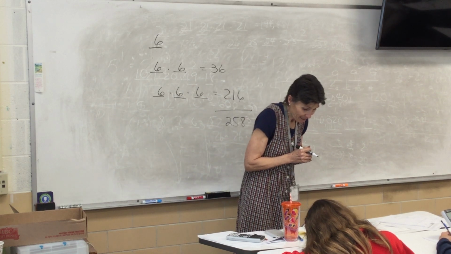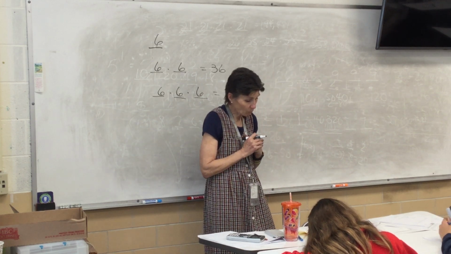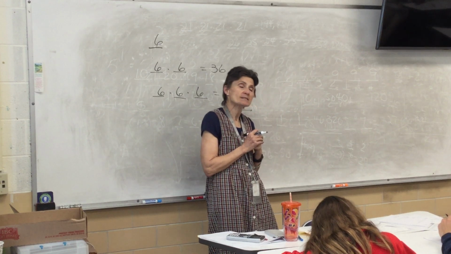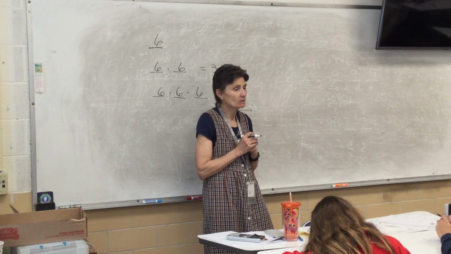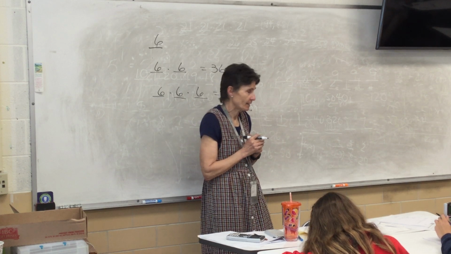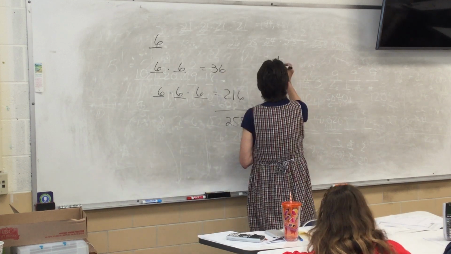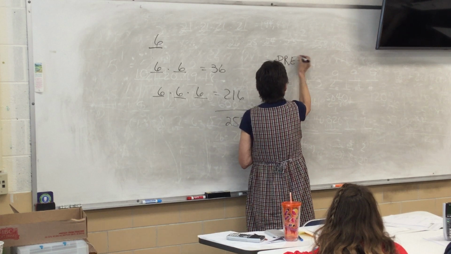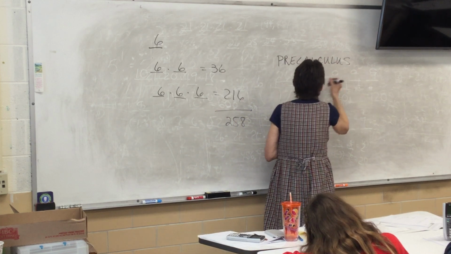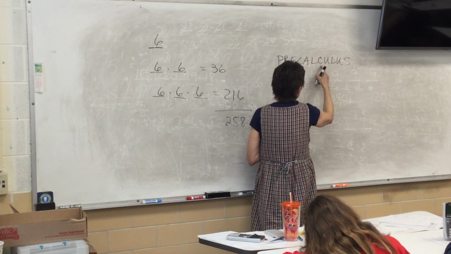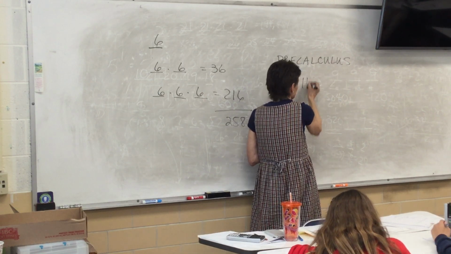Now, I want to skip down to number 23, because it's basically the same question, but there's something a little different about it. What is different? Well, first of all, there's a lot more letters. 1, 2, 3, 4, 5, 6, 7, 8, 9, 10, 11 letters.